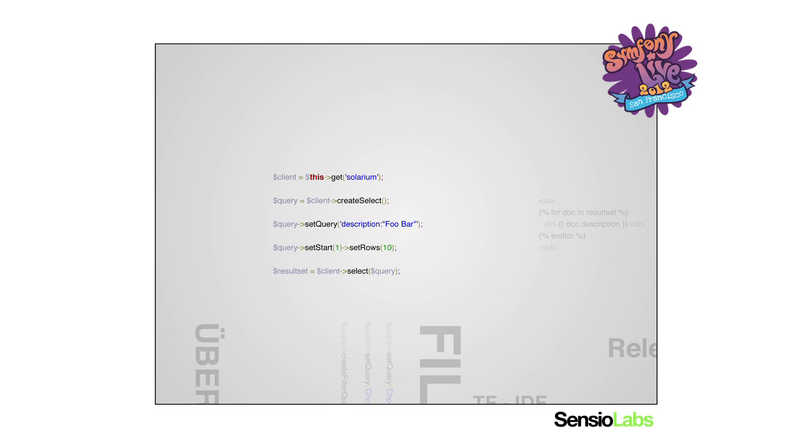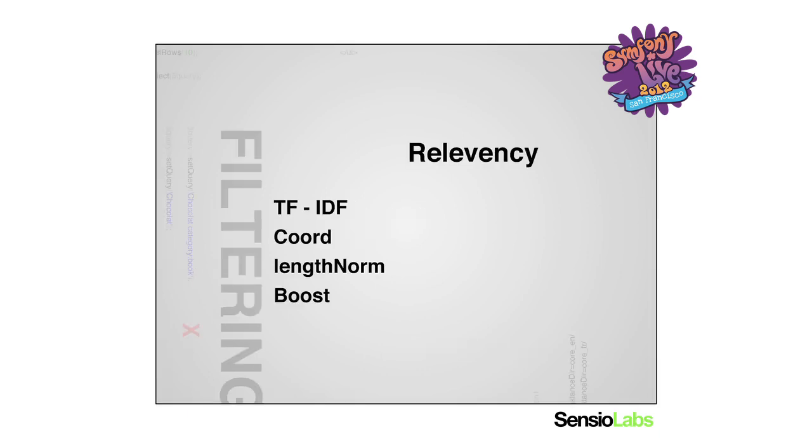So, how are the results ordered? By relevancy. So there are some key concepts to know in Solr. TF, IDF, coord, length norm, and boosting. So TF stands for term frequency. The more your term is frequent inside the content, the more it will weigh. It will be important.